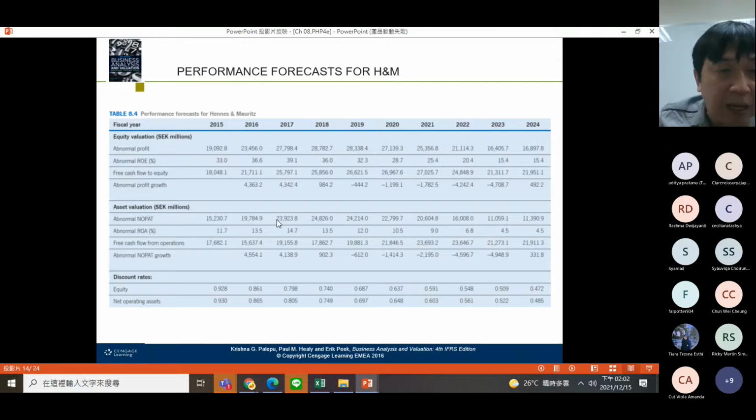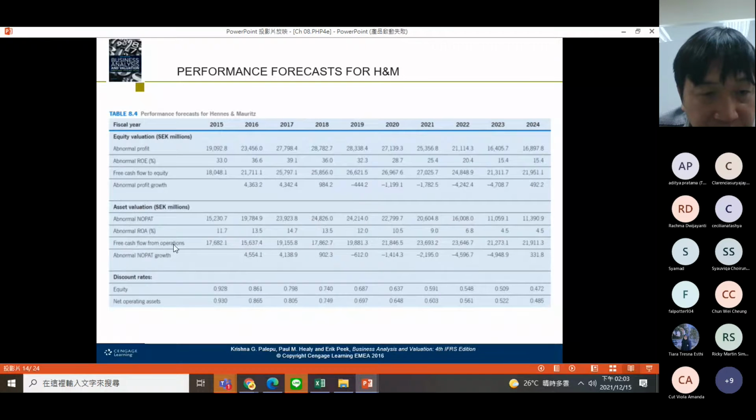As a variation, this is NOPAT, net operating profit after tax. The abnormal RA is 11.7 until 4.5.